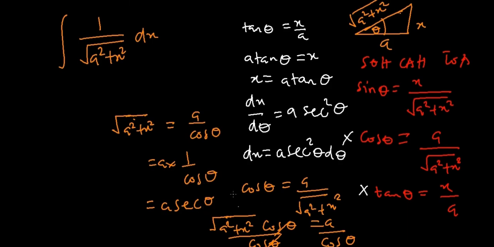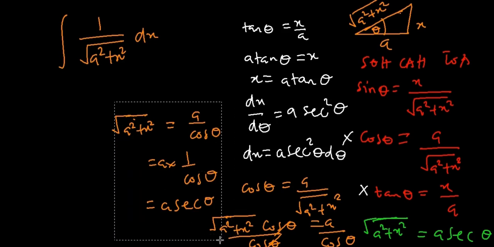So now let's write this here, because of space: the square root of a squared plus x squared equals a sec theta. Okay, so now that we have this, let's go and answer our question finally.